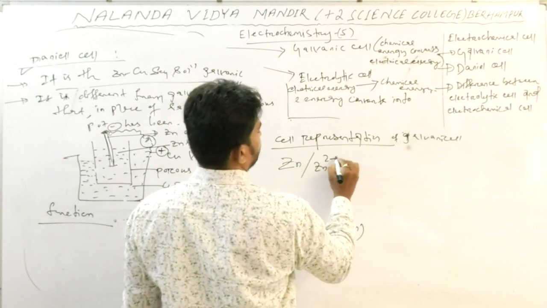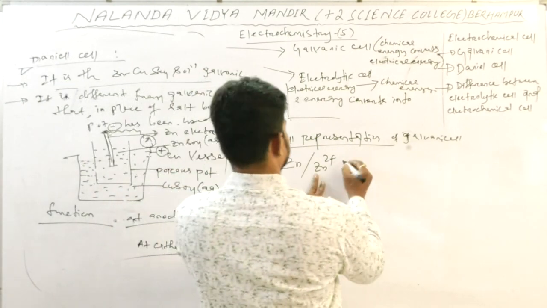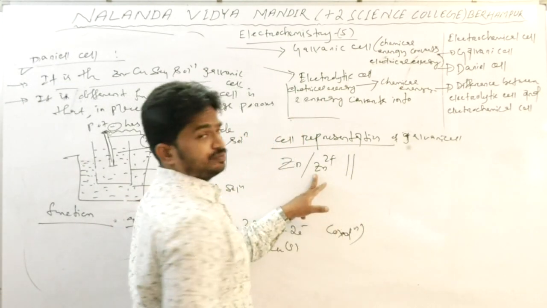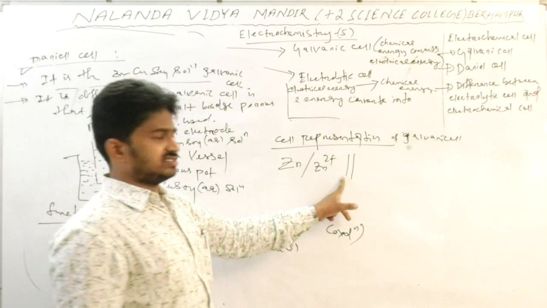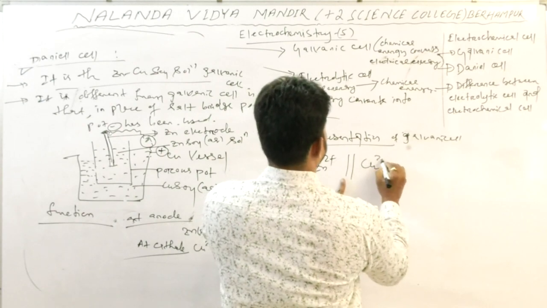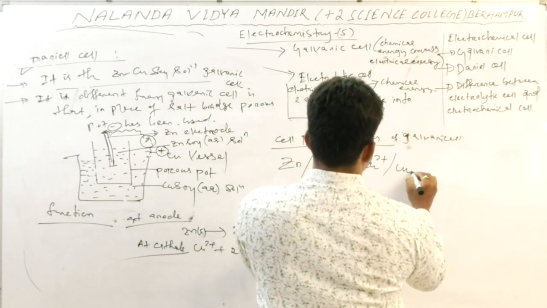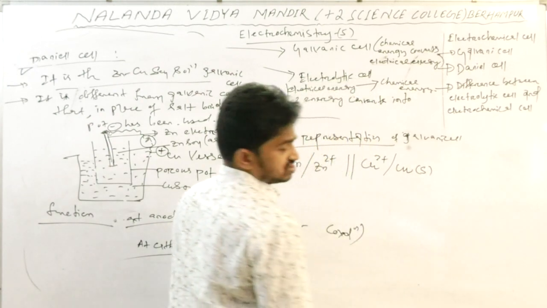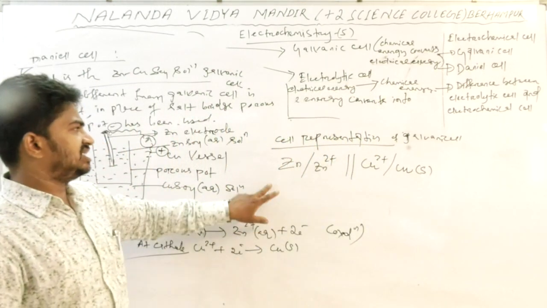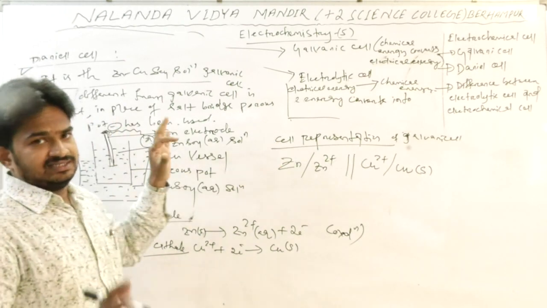By losing 2 electrons, it gives zinc 2 plus ion, with a salt bridge in between them. Then at the cathode, copper 2 plus ion with 2 electrons gives copper solid.